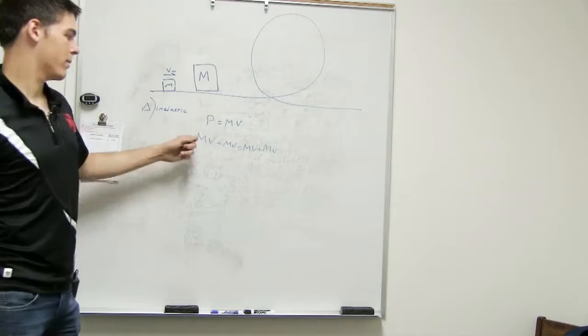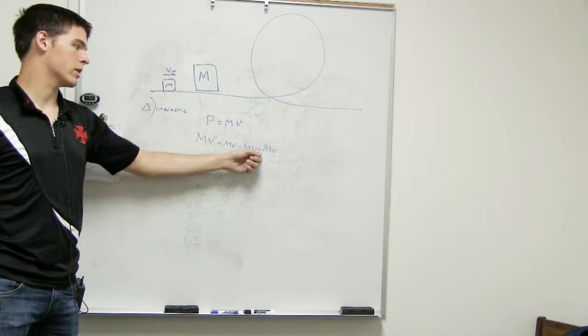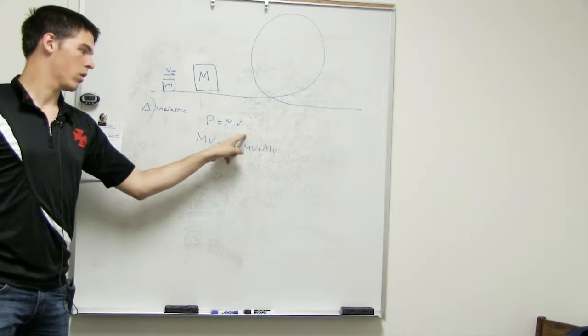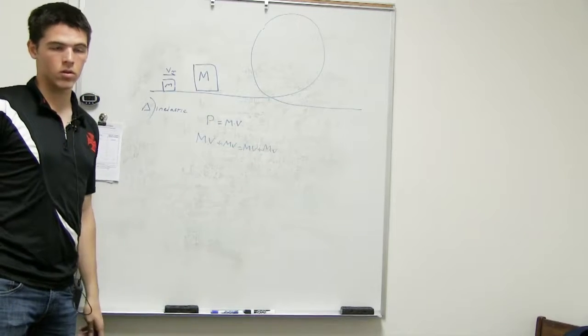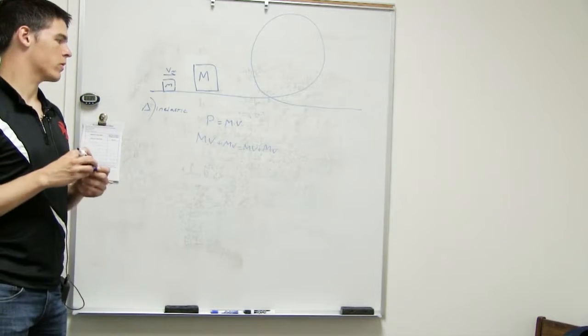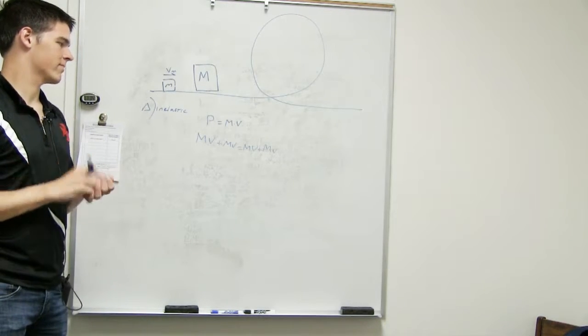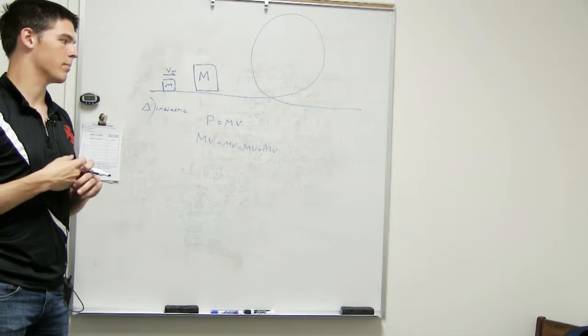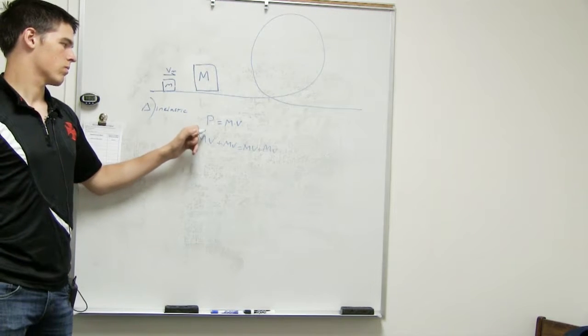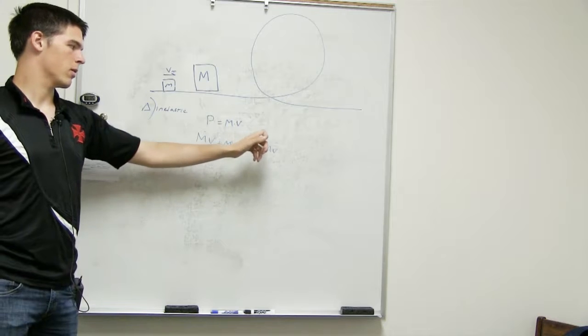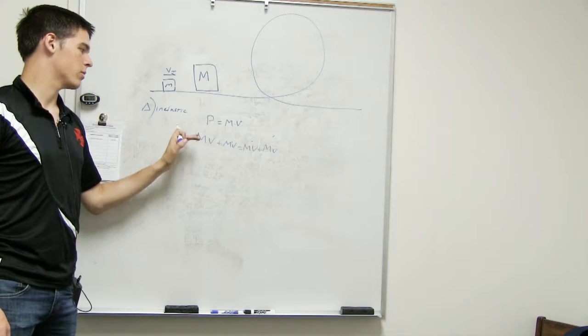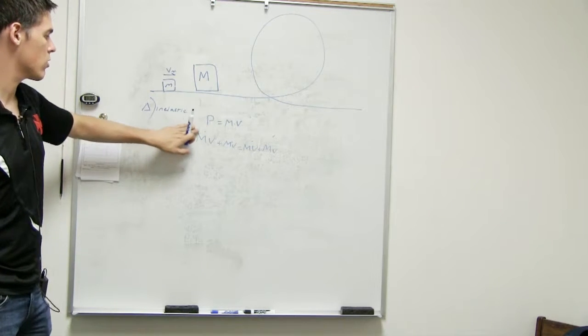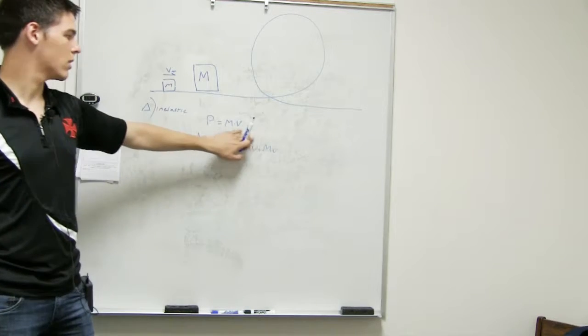This is the little block, big block, little block, big block. This is before and after. You can put the subscripts on it. It's easy to remember that it's baby block, big block, baby block, big block, and before the equal sign is the initial, and after the equal sign is the final.